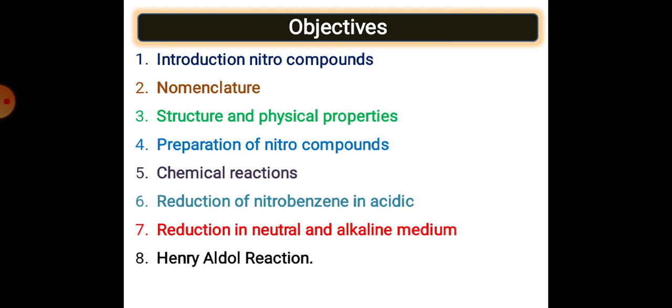One of the most advanced reactions shown by nitro compounds or nitroalkanes is the Henry reaction, or Henry aldol. And lastly, the uses of nitro compounds, why we are dealing with nitro. So this is the introductory part, or objective, of this session.